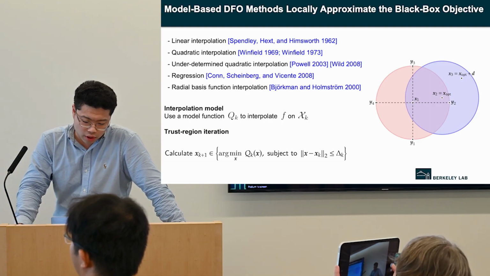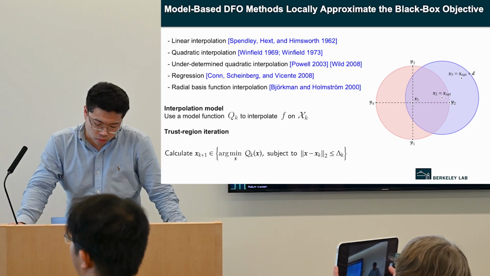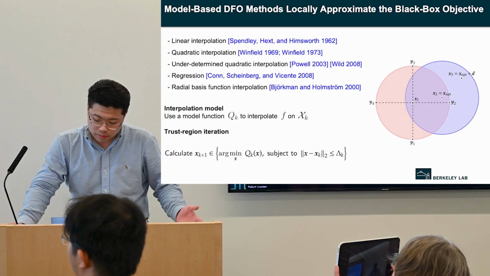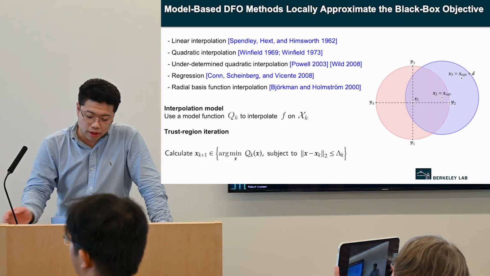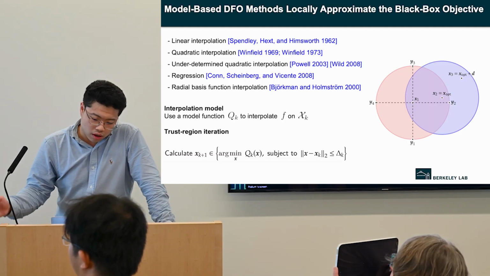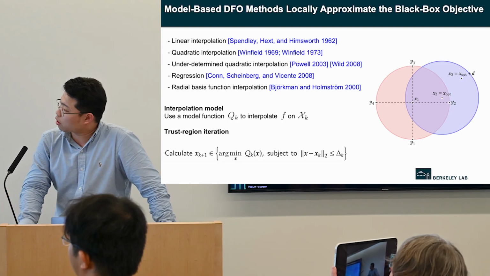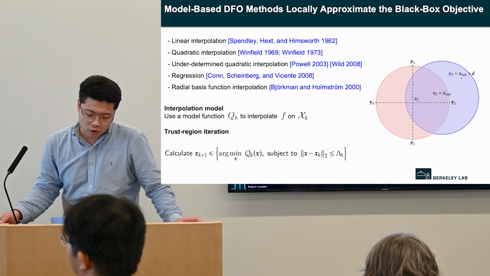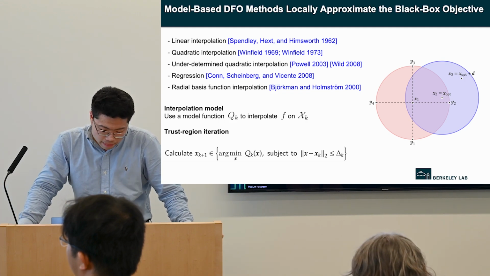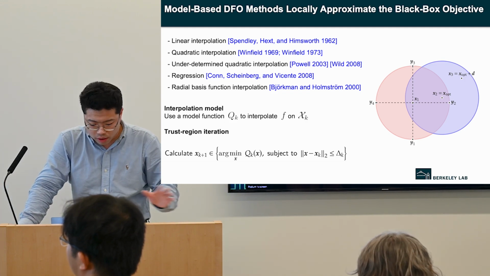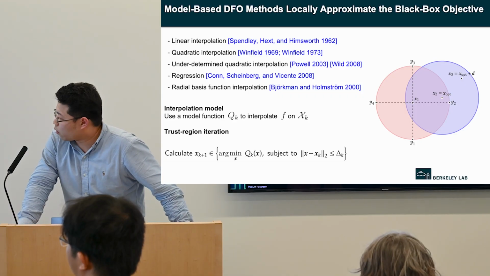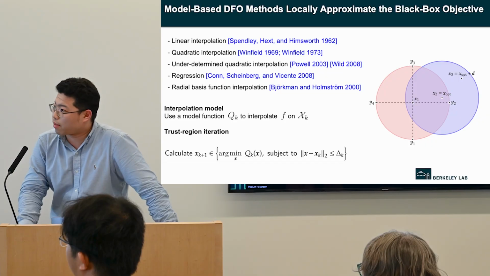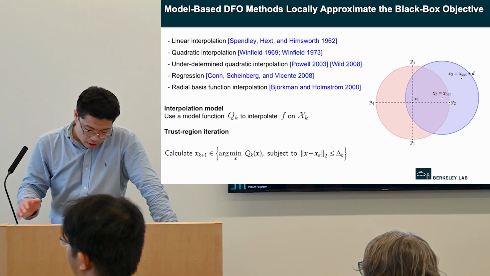One is to build the approximation model, which is usually an interpolation model, for example, linear interpolation, quadratic interpolation, underdetermined quadratic interpolation, or some regression models. We can also do radial basis function interpolation. The second step is the trust region iteration, where we find the model's minimizer to simulate the minimizer of the real objective function.